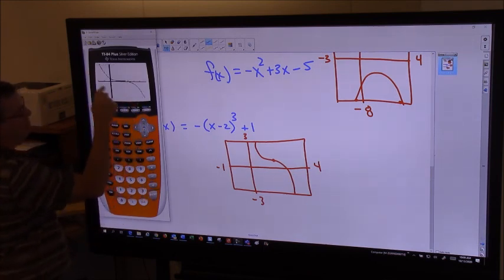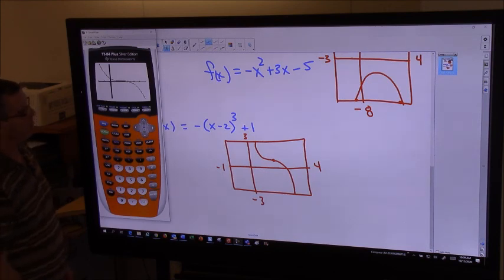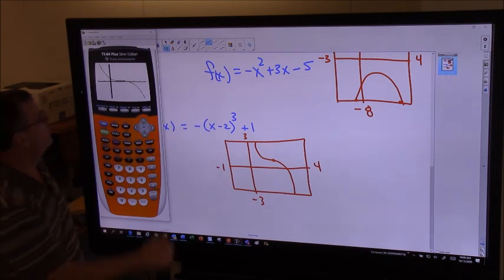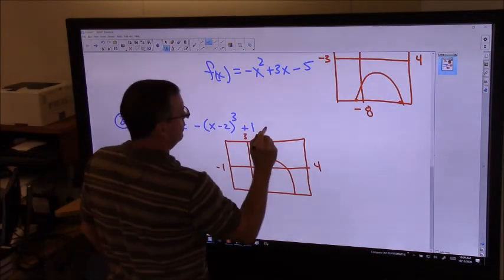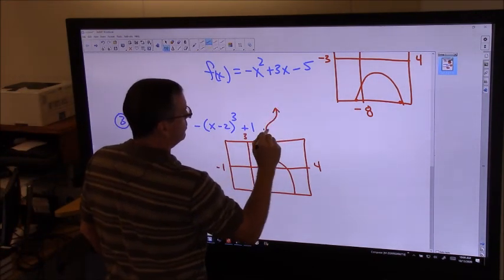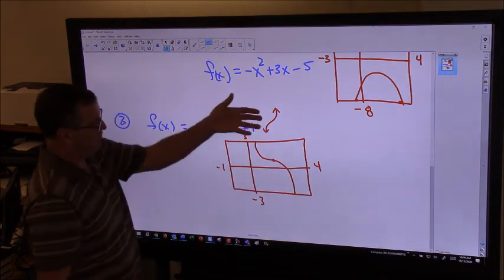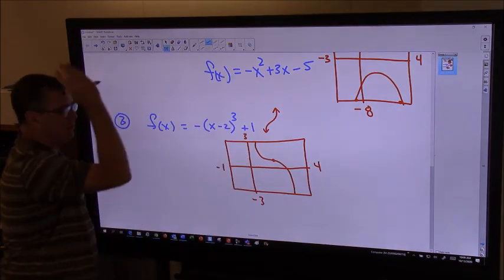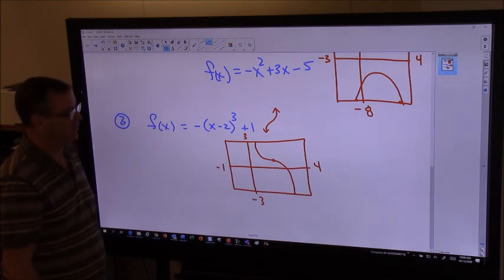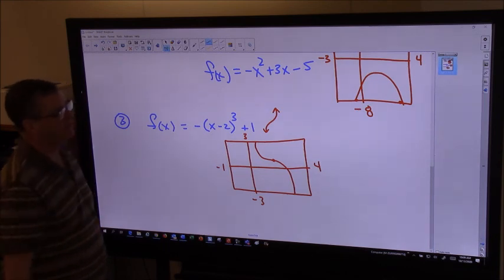I don't see those curving and going back. And later on, we'll be confident of that. We'll look at this and go, a cubic function, I know what that looks like. It's just that negative sign has flipped it over. So I know it goes up forever and down forever. This is a good picture right here.